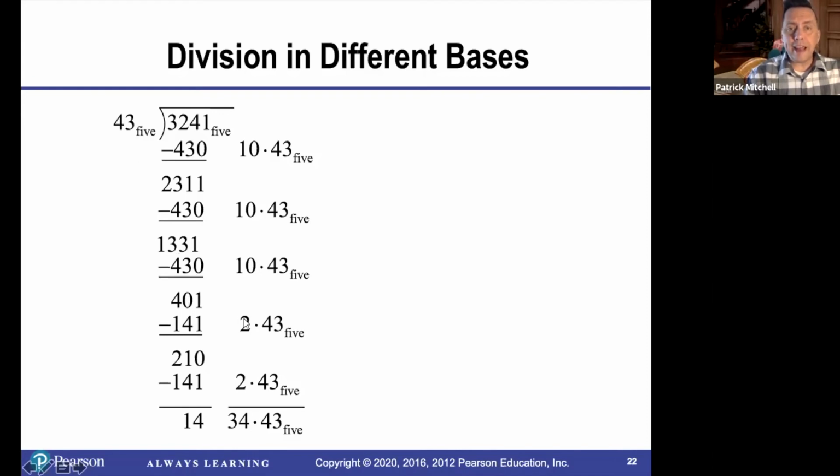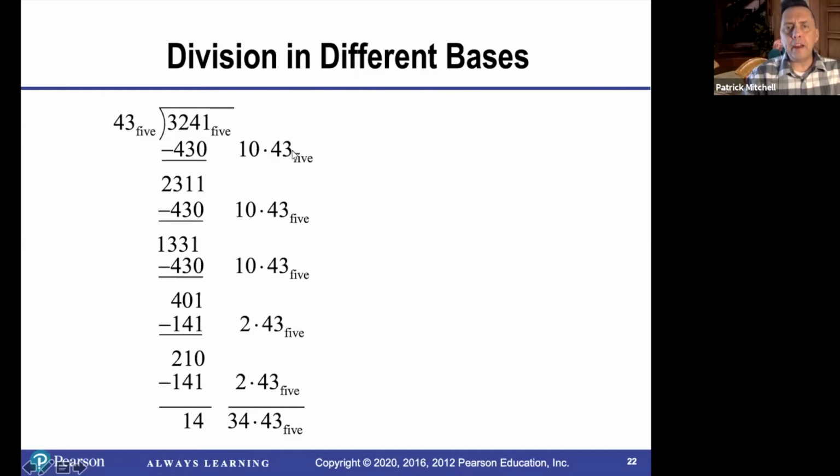Now I'm going to take out a group of 2. 2 times 43 in base 5 comes out to 141. 401 minus 141 is 210. If I take out another group of 2, 210 minus 141 leaves me 14. And now we're done because 14 is less than 43 in base 5.